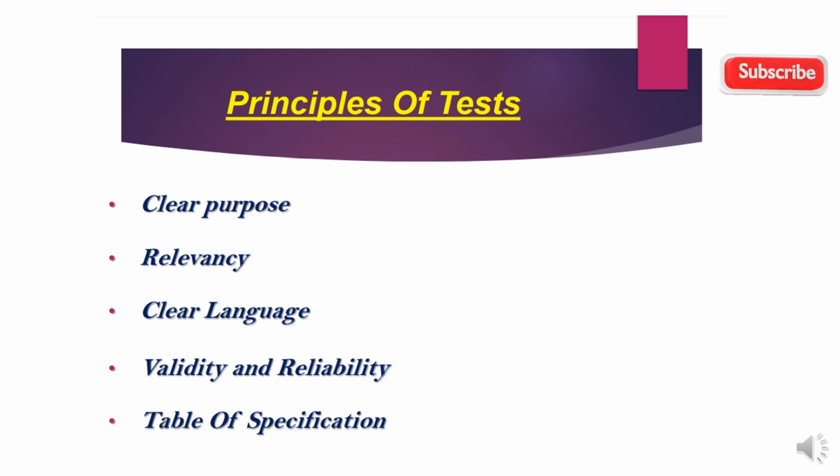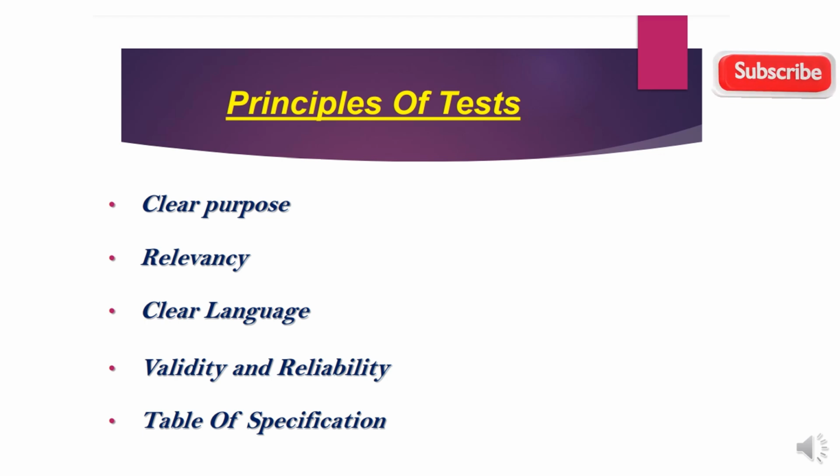So if an educator has a clear purpose for why they conduct the test, they can easily achieve what they want. Then the relevancy, that is, the topics they discuss in the class are the relevant topics. So according to that, they can easily conduct the test.